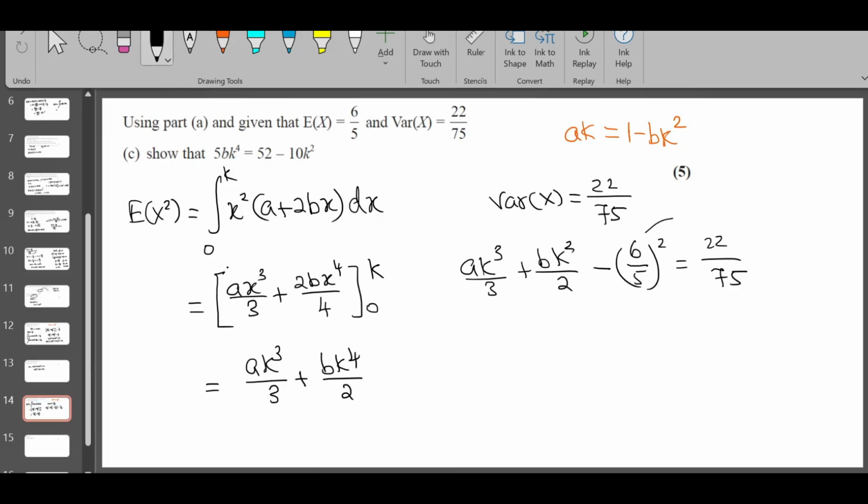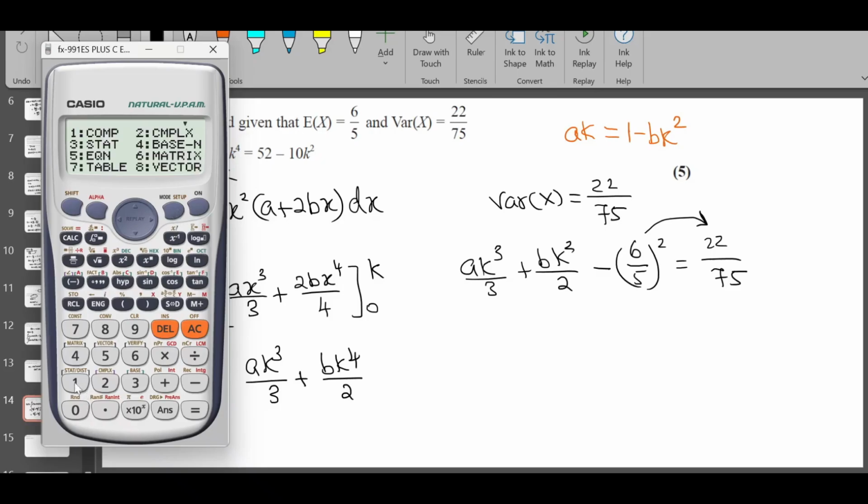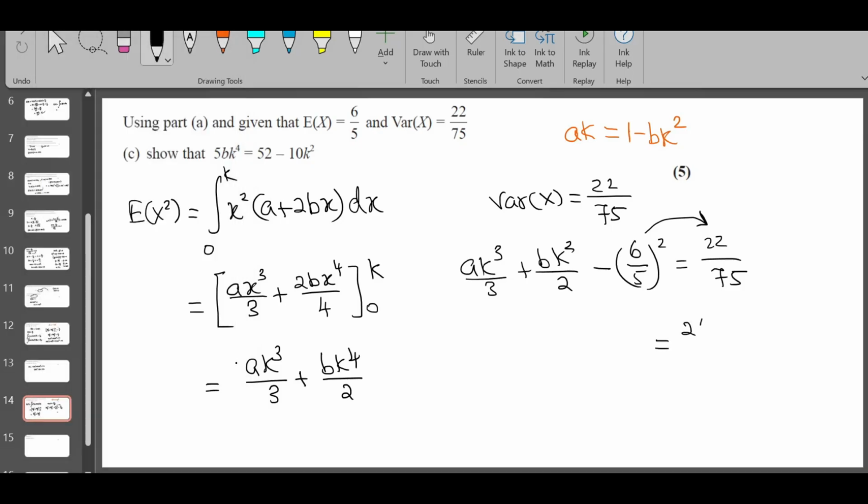So when I put this term here and simplify, I'm going to get 22 over 75 plus 6 square over 5 square, 26 over 15. So this is 26 over 15. When I combine them, I'm going to get 2ak cube plus 3bk power 4 over 6.